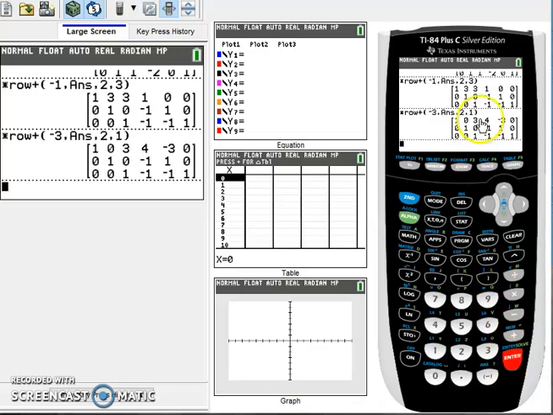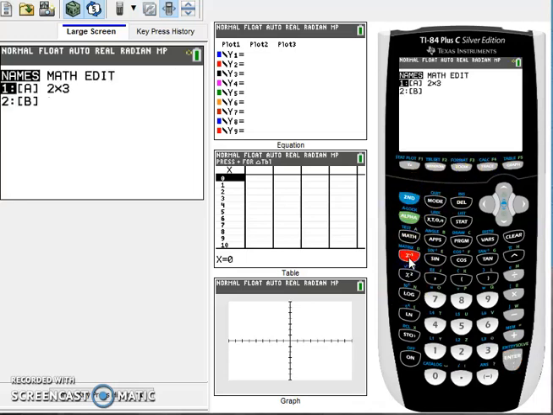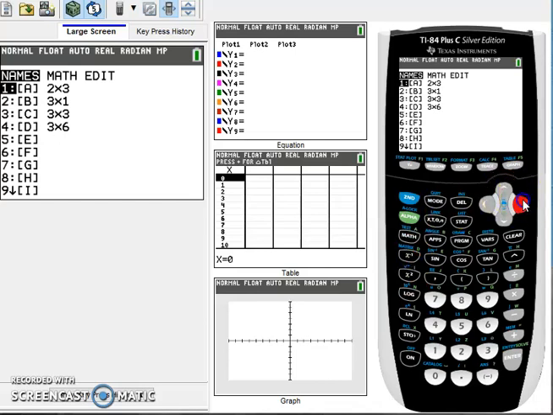Okay, and then we'll do the same exact thing except with row number 3 this time. And then we'll actually be done.